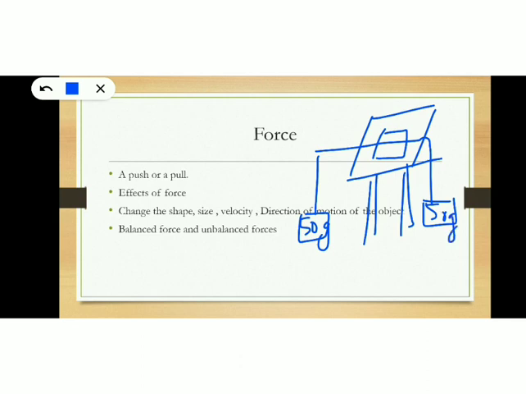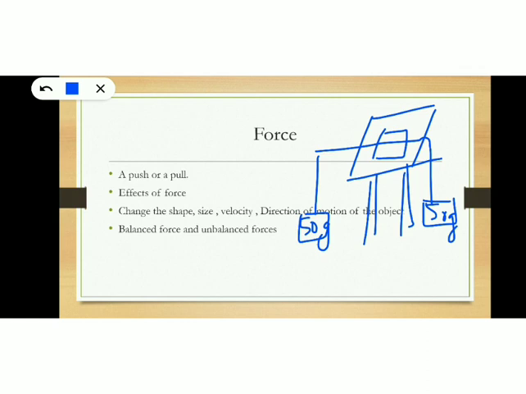So on either side of the table, two weight hangers of 50 gram each have been suspended. The forces acting on both sides of the book will be the same, and both forces are acting in opposite directions, isn't it? And such type of forces is known as balanced force.